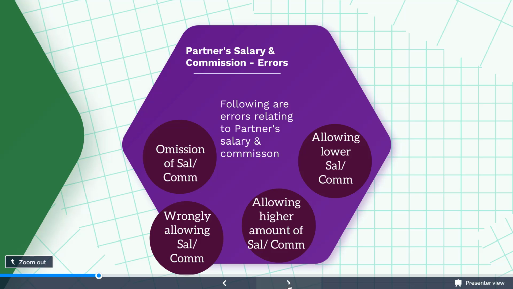Wrongly allowing partner's salary or commission when it was not supposed to be allowed. Allowing a higher amount of partner's salary or commission than what was necessary, or allowing a lower amount than what was necessary.